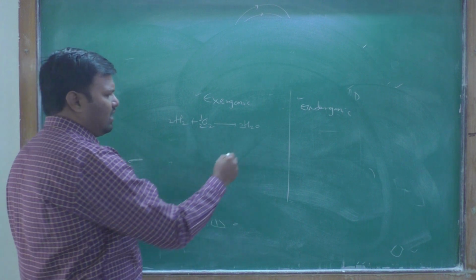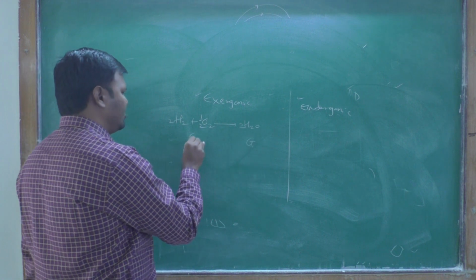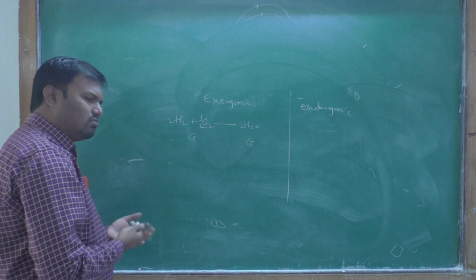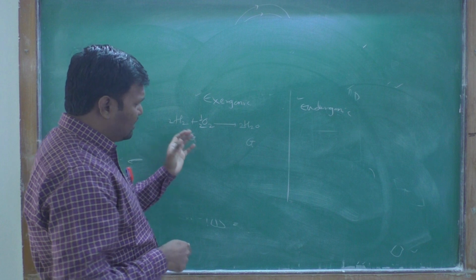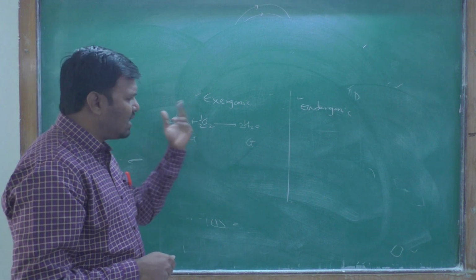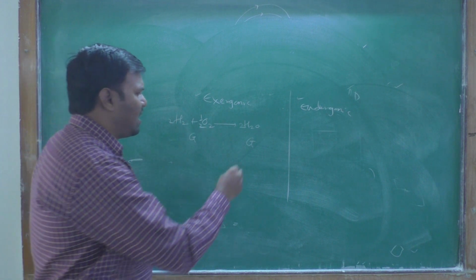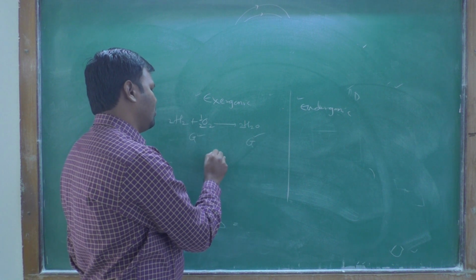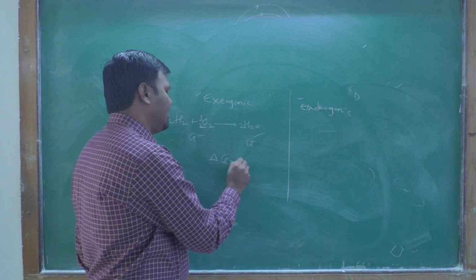In this case the Gibbs free energy decreases. That means the heat is lost from the reactants. Therefore, the final Gibbs free energy is less than the initial, so delta G will be negative.